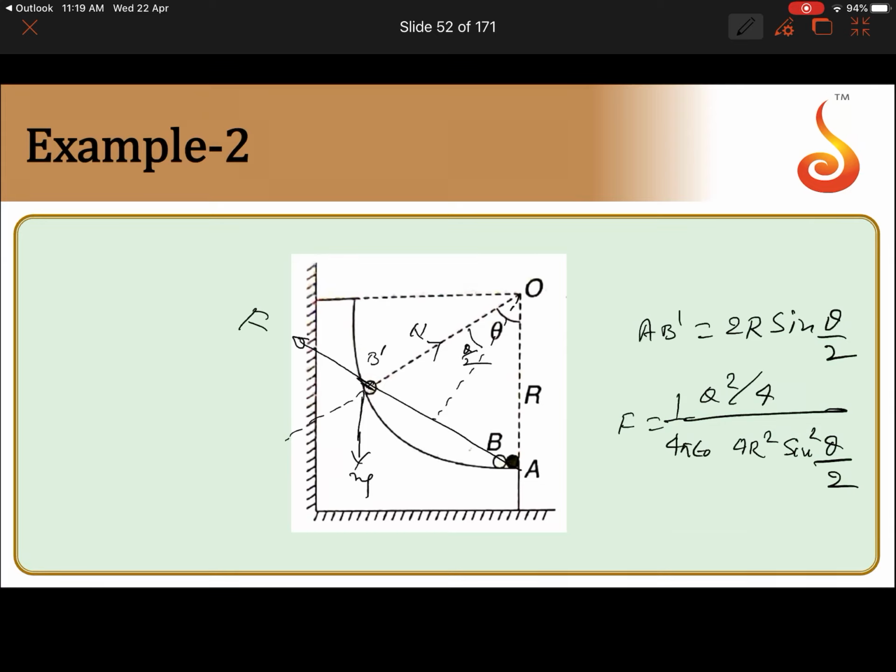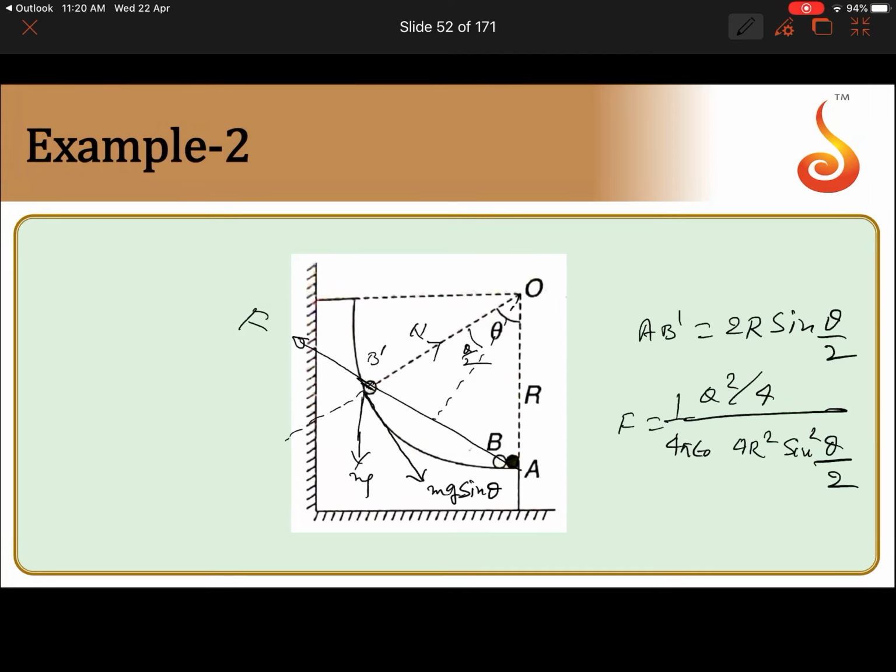So mg will have a component, tangential component mg sin theta, and F also we can resolve, this electrical repulsion force.